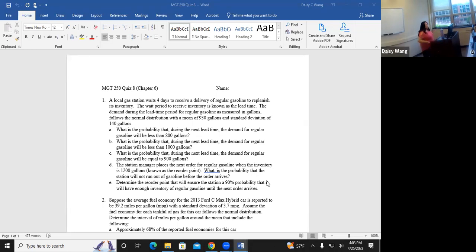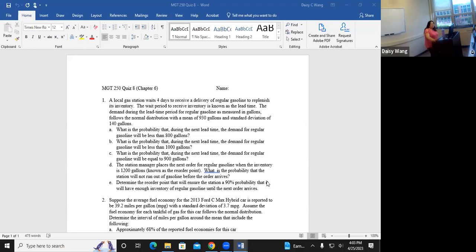First question. The local gas station waits 4 days to receive delivery of regular gasoline. The wait period to receive is what we call lead time.